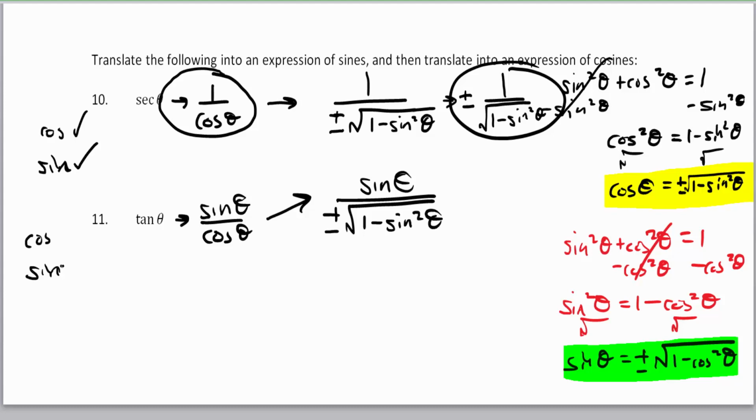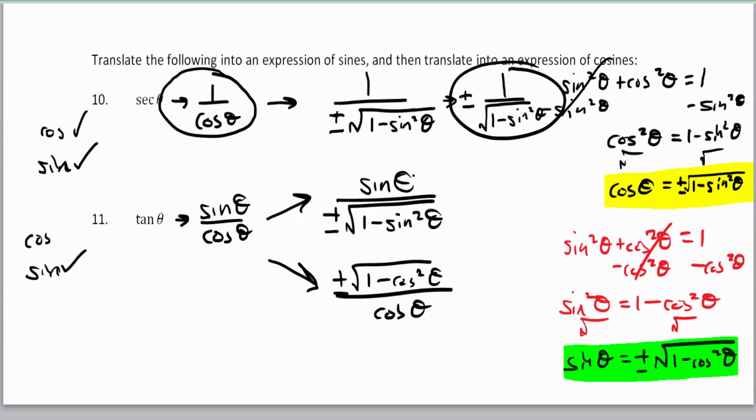So now I've done my sine expression writing. So tangent is literally sine theta divided by plus or minus the square root of 1 minus sine squared theta. Now I can also rewrite this, sine theta over cosine theta, with the green part here, where I can say that my sine theta is equal to plus or minus the square root of 1 minus cosine squared theta, divided by cosine theta.